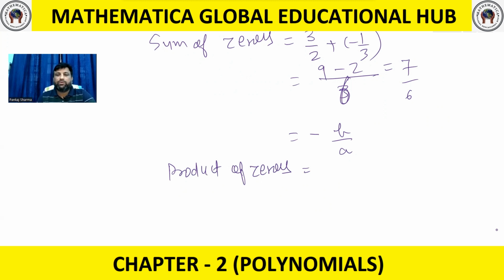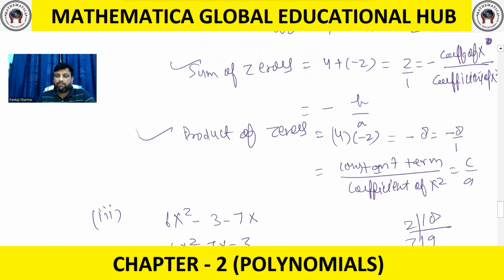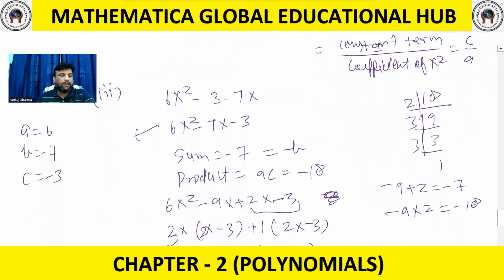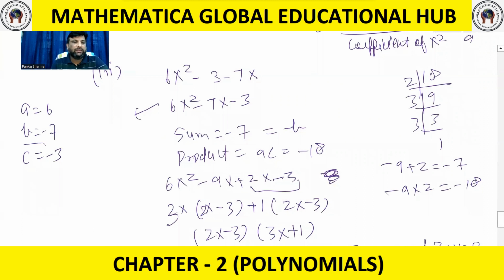So product of zeros is what? We have the numbers 3 by 2 and minus 1 by 3. So if I find the product, 3 3 cancel and we are getting what? Minus 1 by 2. So here you can see, we can check. Yes, here you can see C is minus 3, yes.